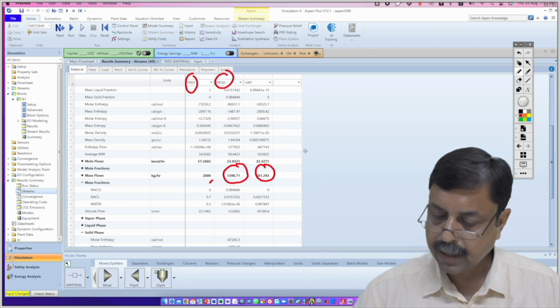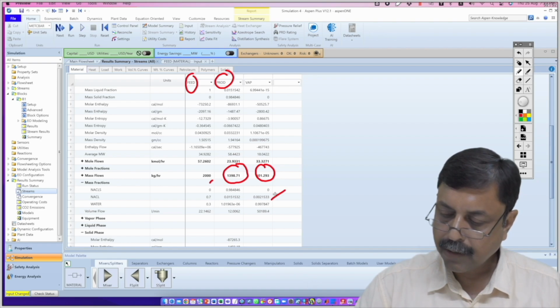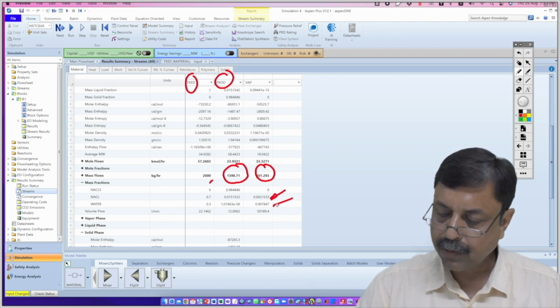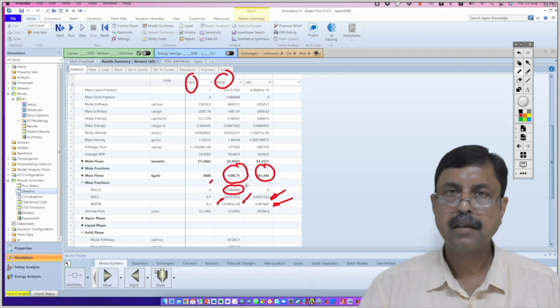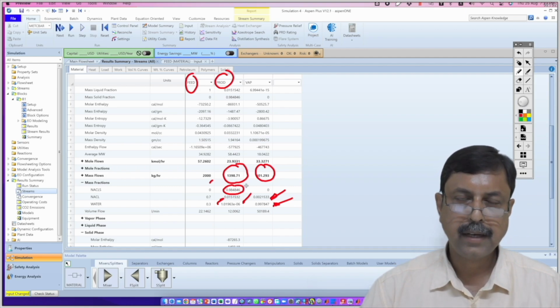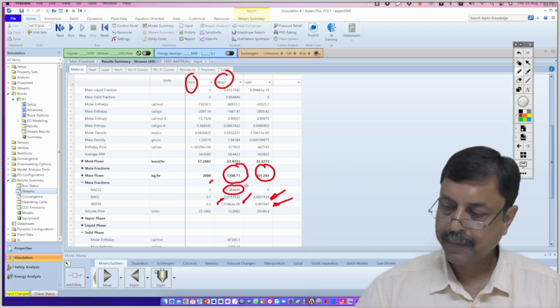Obviously, in the water, there will be a small NaCl component as well, but mostly it will be water. And in the product, there will be negligible water. It will be mostly the solid particle and to some extent the liquid NaCl that will be moist.